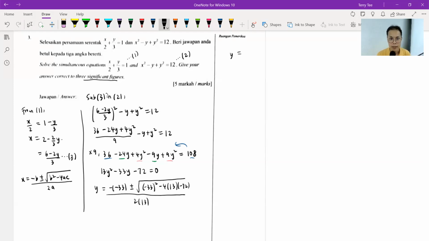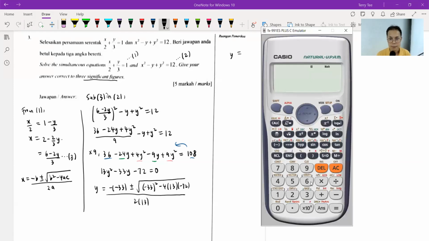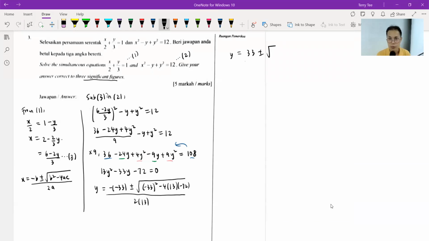Okay, let's write down your y value. Let's count. 33 squared, negative 33 squared is still the same, positive. You can put a bracket around the negative, doesn't matter. Minus 4 times 13 times negative 72. So this will give us 4833. All right, so 33 plus minus square root of 4833. 2 times 13 is 26.